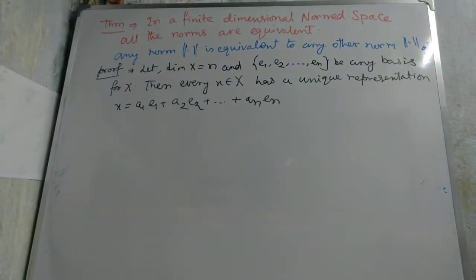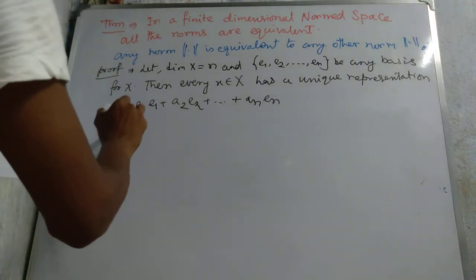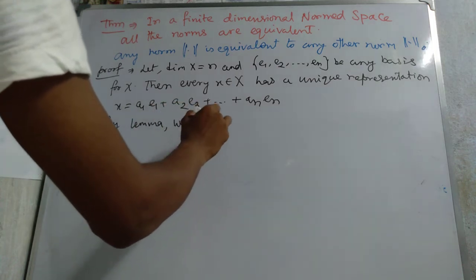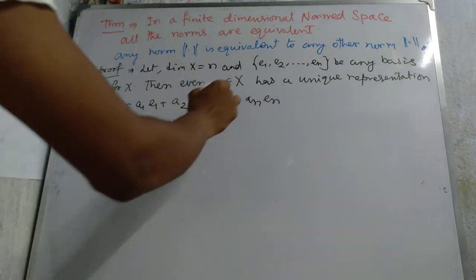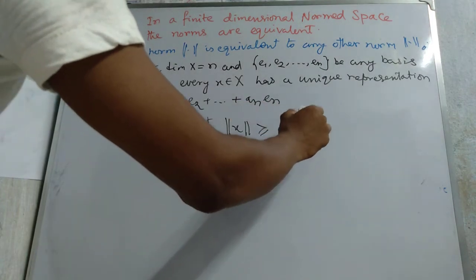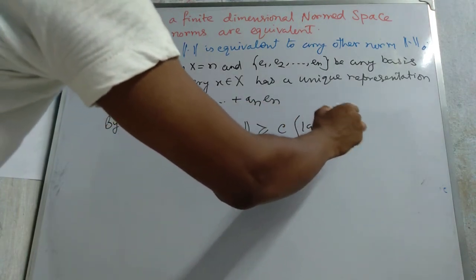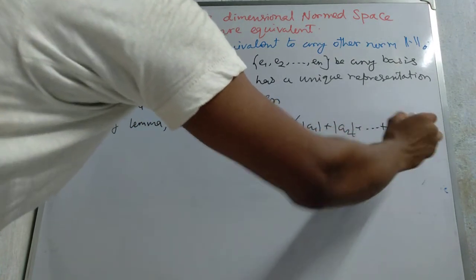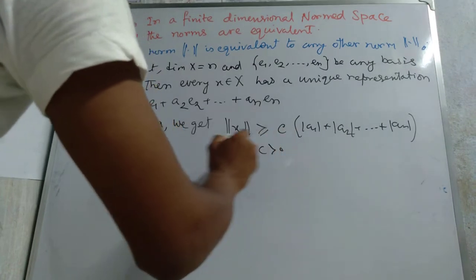And then by the above lemma, we get norm of x greater than or equal to c multiplied by (norm of a1 + norm of a2 + ... + norm of an), for c greater than 0.